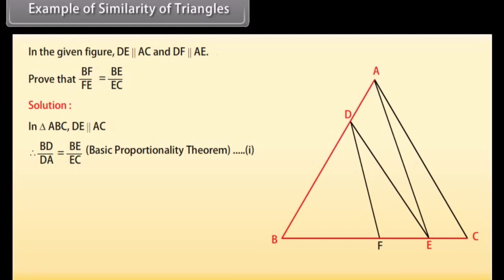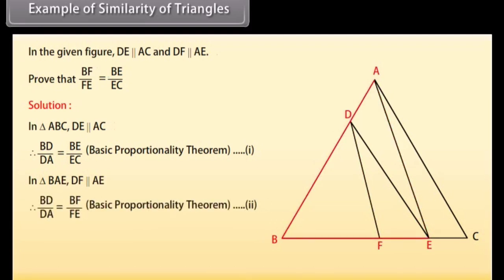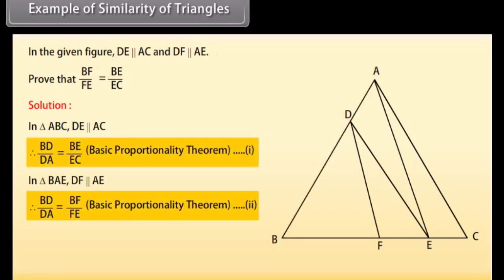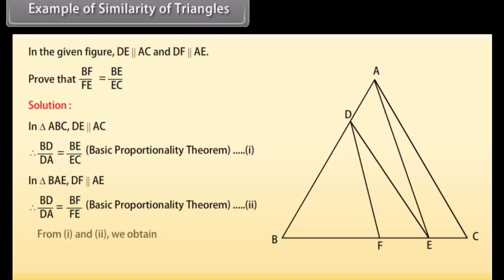Mark it as 1. In triangle BAE, DF is parallel to AE. Therefore, BD upon DA equals BF upon FE by the basic proportionality theorem. Mark it as 2. Now, from first and second, we obtain BE upon EC equals BF upon FE.